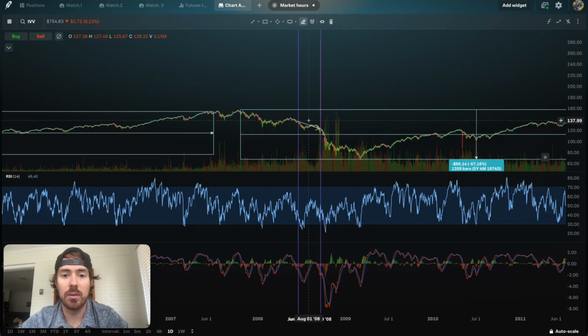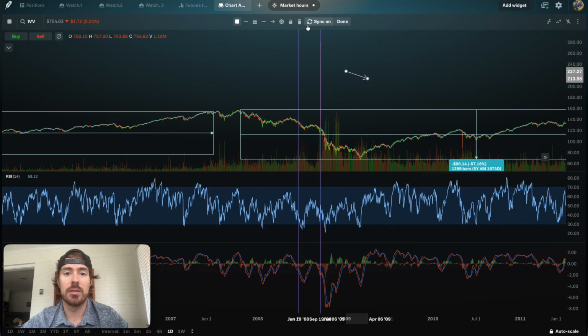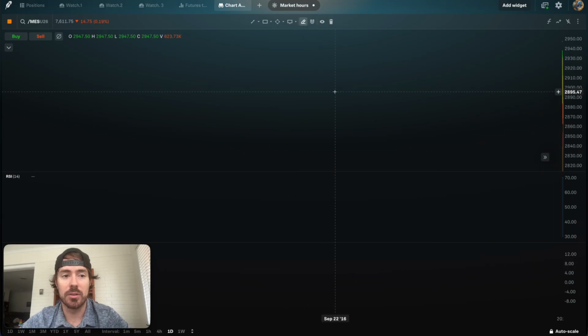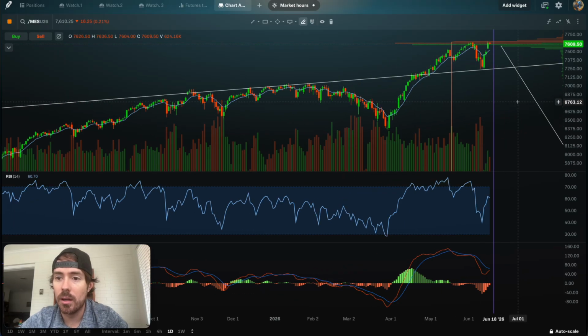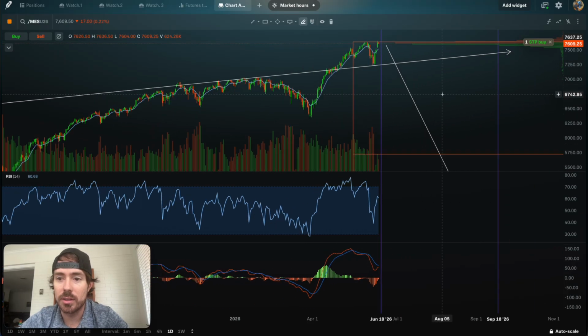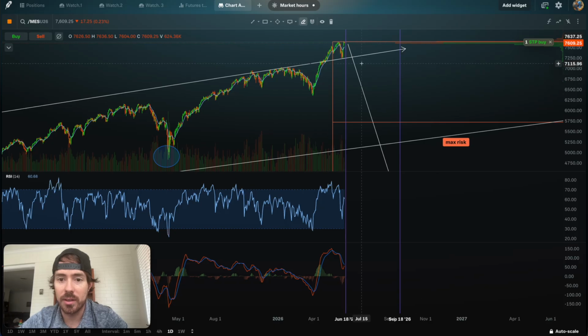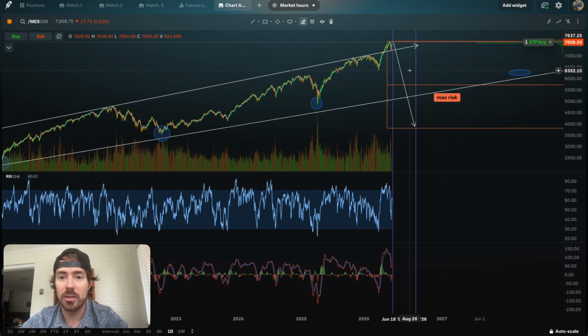So this angle at which it fell, versus what you're using on your futures tab as your risk assessment. Okay, at this angle, say if this was the dot-com bubble burst, would it be at this angle right here?